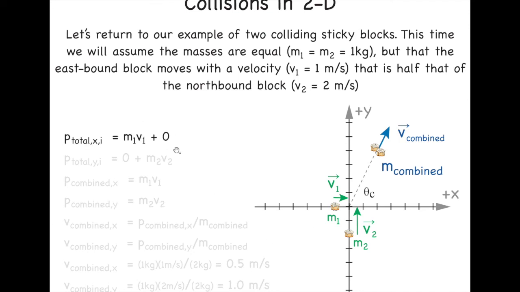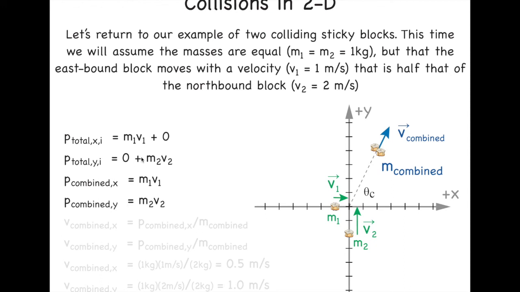We can analyze this just like we did before, looking at the total initial momentum in x and the total initial momentum in y, right? And again, because of the way we set this up, the total x is just the momentum of mass 1, and the total y is just the momentum of mass 2. Now, just as before, because momentum is conserved, the x component of momentum is conserved, and the y component of momentum is conserved.